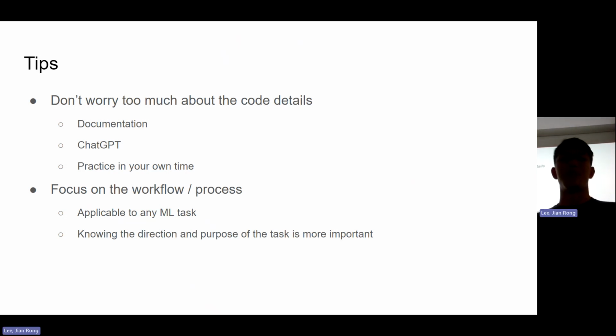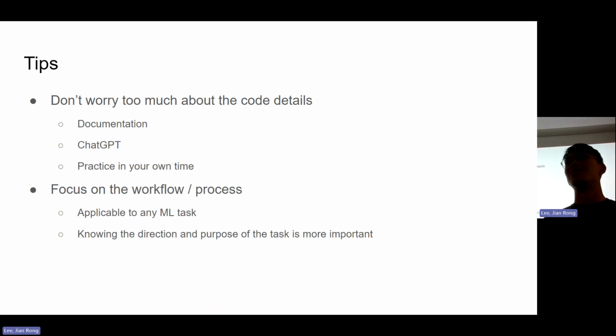So some tips before we start. Don't worry too much about the code details. The purpose here today is to learn about the workflow process, not to get too much into the syntax. Make sure you know what each step is for in the workflow process. This is important because the same process can be applied to any machine learning task.